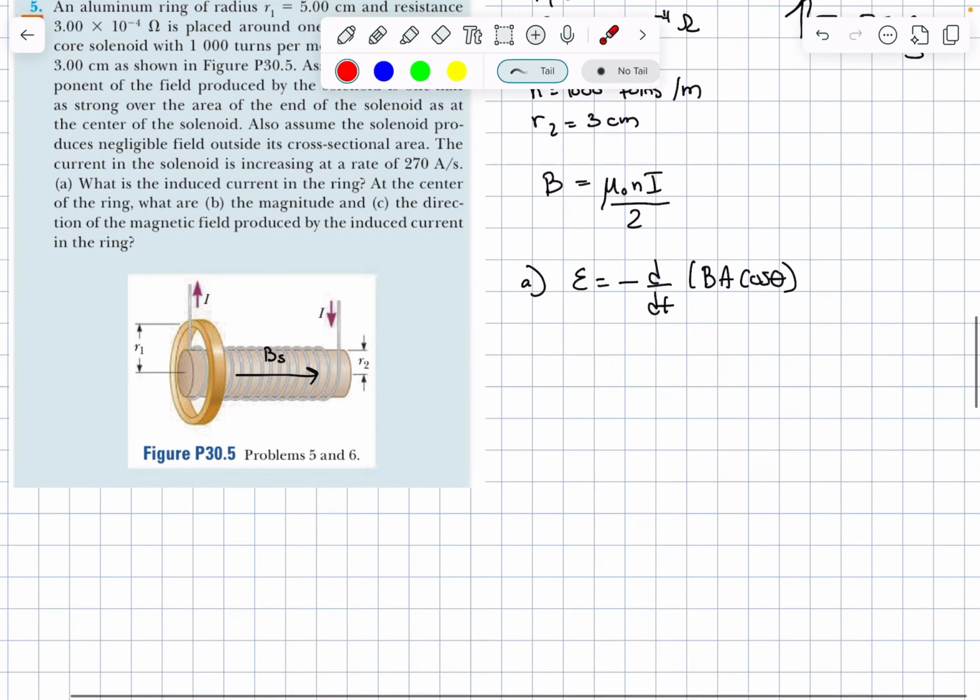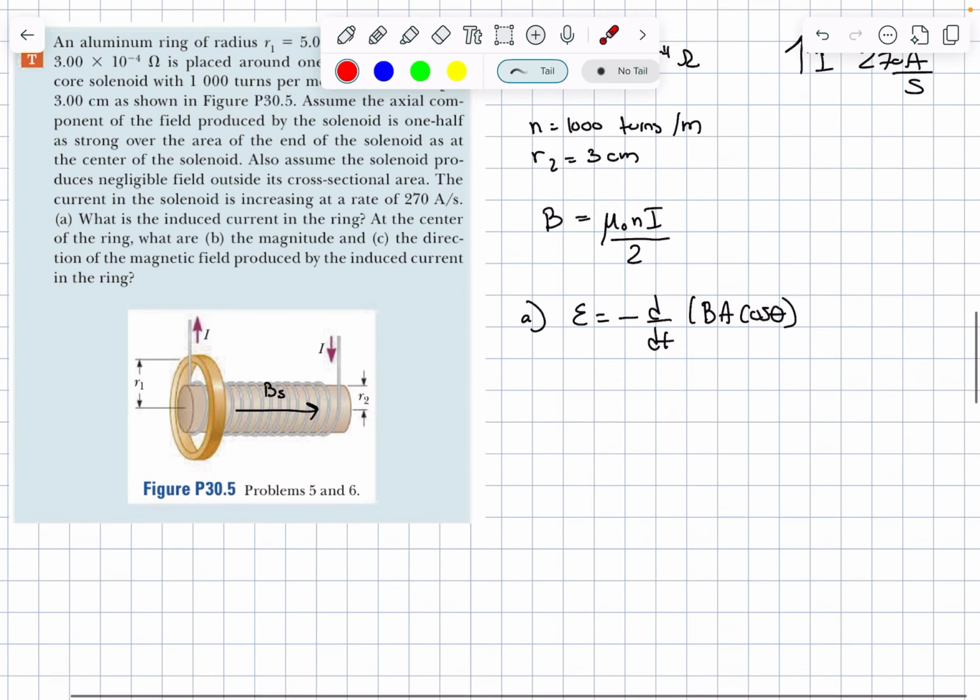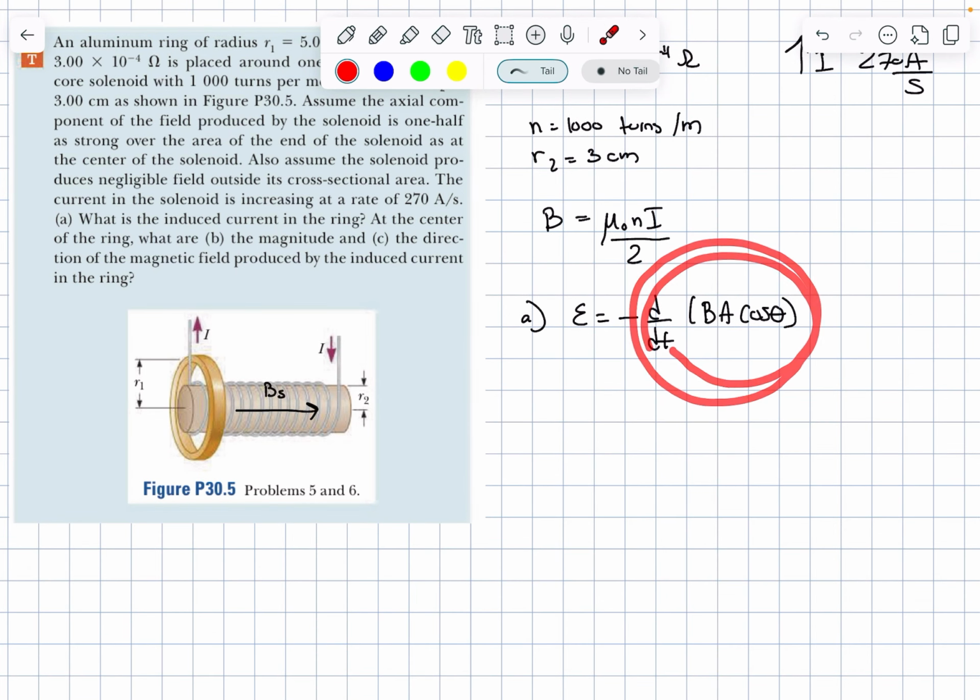The thing you have to be kind of careful about here is that this is saying how much flux we have going through this region here. Normally you just add up all the magnetic field lines, right? The thing is though, the magnetic field lines are confined within this region.